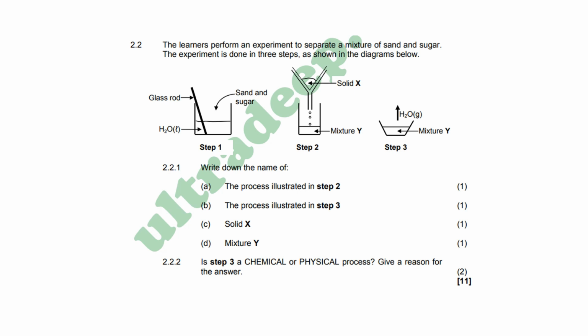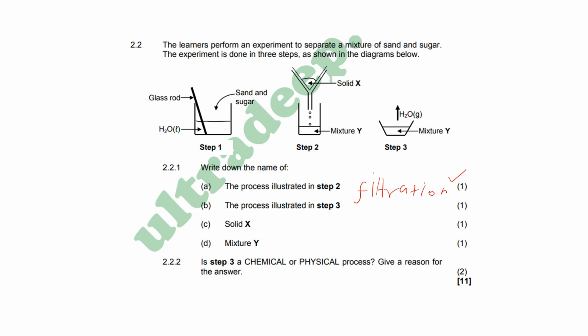So what is the process of that step? That step is actually called filtration. Filtration. So if you write filtration, you can just remember it by that we used a filter paper to filtrate. If you write filtration, you will get a mark.